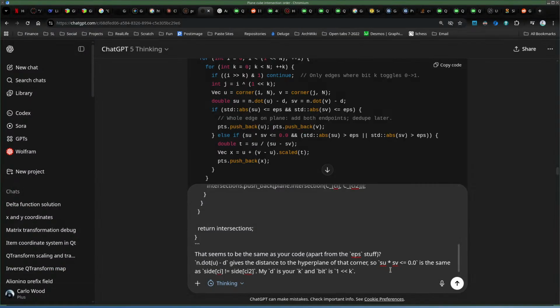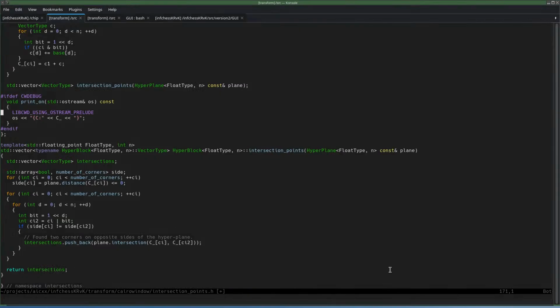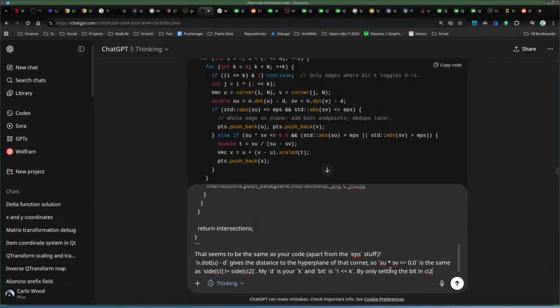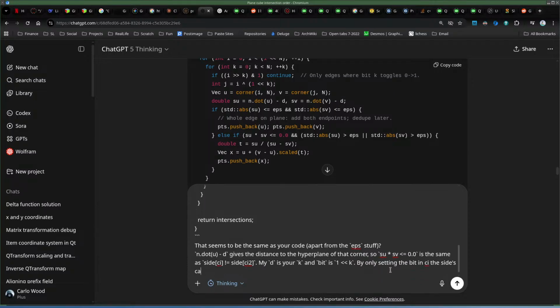Okay, so by only setting the bit in CI, the side can only be different if the bit in CI was 0.